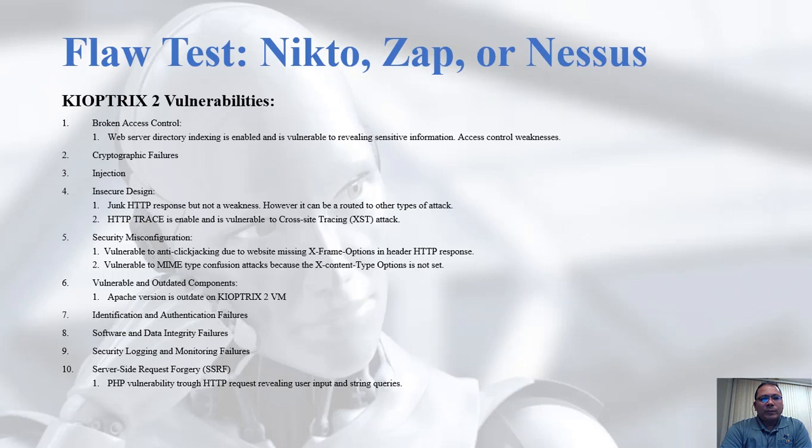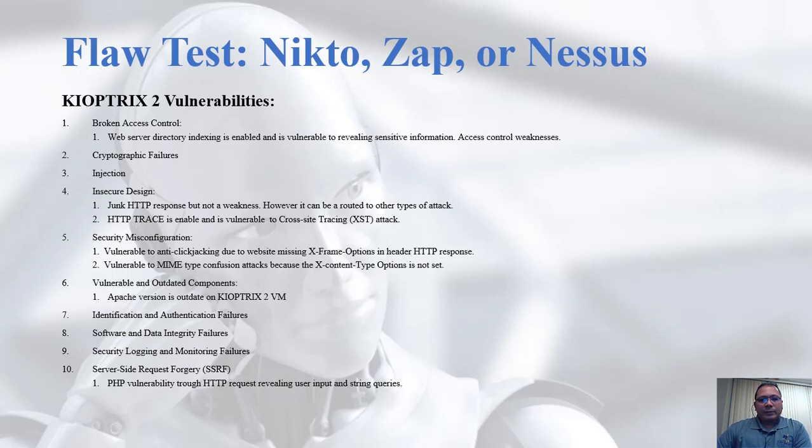Vulnerabilities that were found in Nikto, OWASP ZAP, or Nessus are identified, and some of these weaknesses are explained.